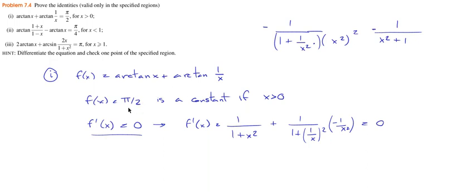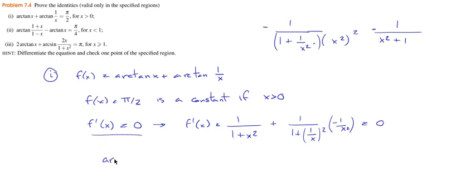Now, how do we check that it is equal to pi over 2 in this interval when x is greater than 0? Well, we have to check one point of the specified region, as it says here. It depends on what values of the arctangent you know.